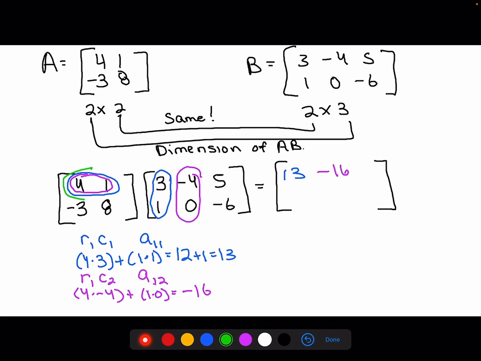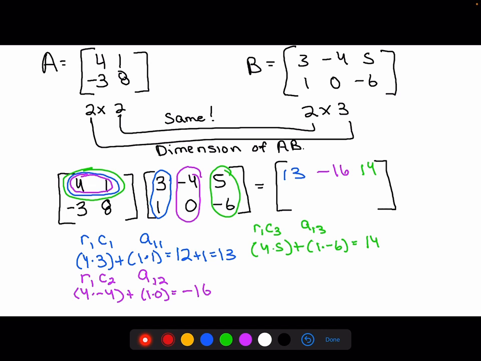Then row 1, column 3. That's going to go in position (1,3). We're going to do 4 times 5 plus 1 times -6. So 20 minus 6, which is 14. So that's what we've got so far.